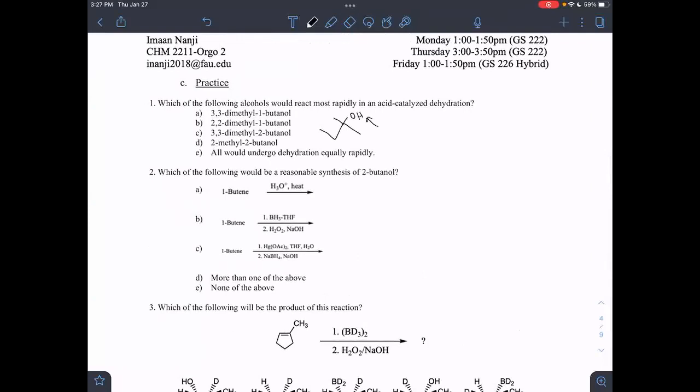I thought of it like acid catalyzed hydration, with an alkene. I thought, okay, if there's an alkene like that, what would you use?